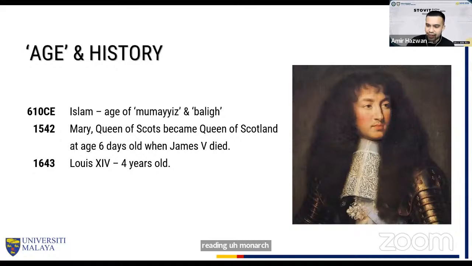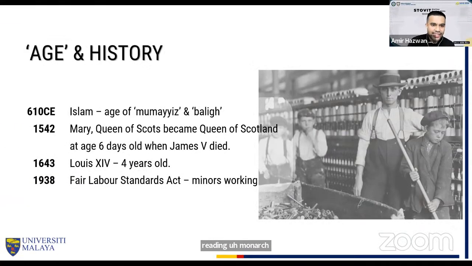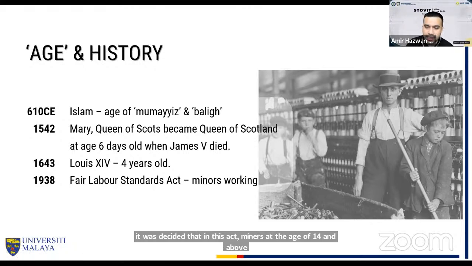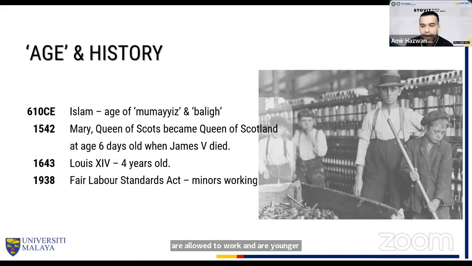And then the second is Elizabeth II. And then in 1938, the Fair Labor Standards Act. This was partially to address the problems of minors working and not attending school. So it was decided that in this act, minors at the age of 14 and above are allowed to work, and those younger than 14 years old are not allowed to work.